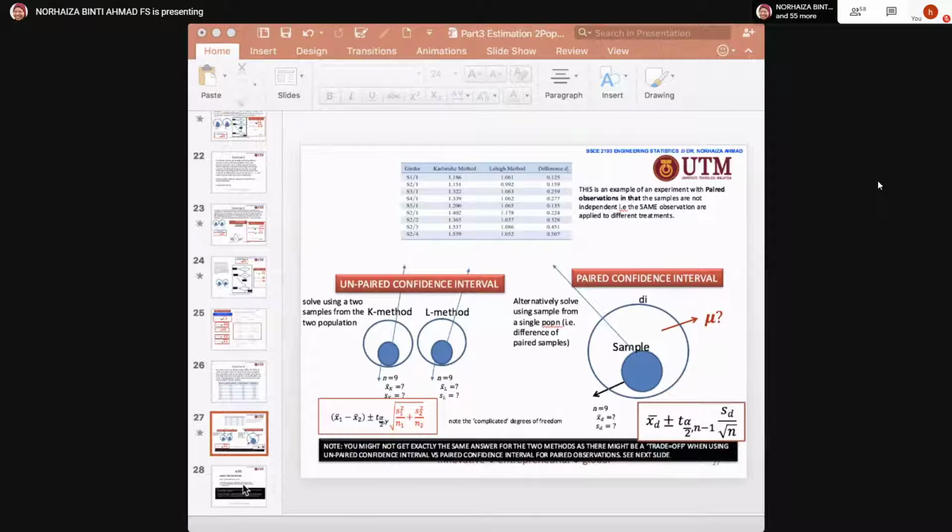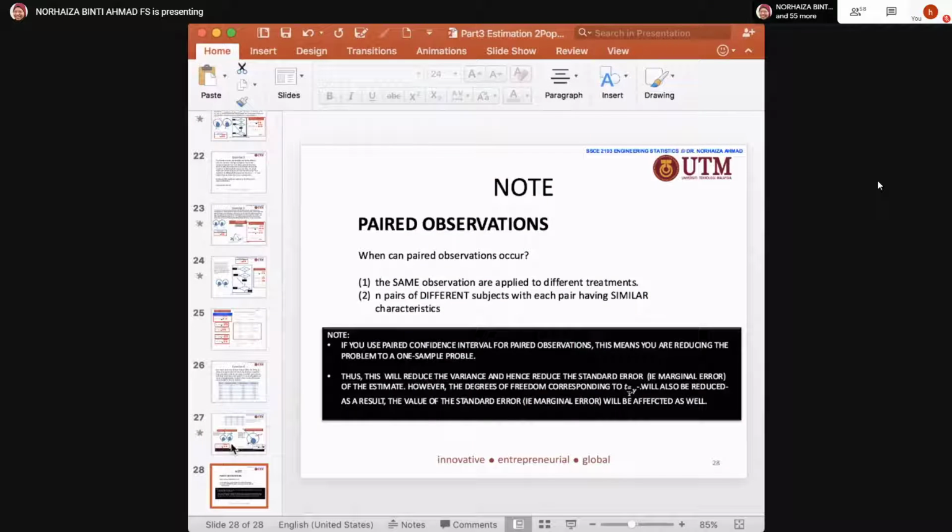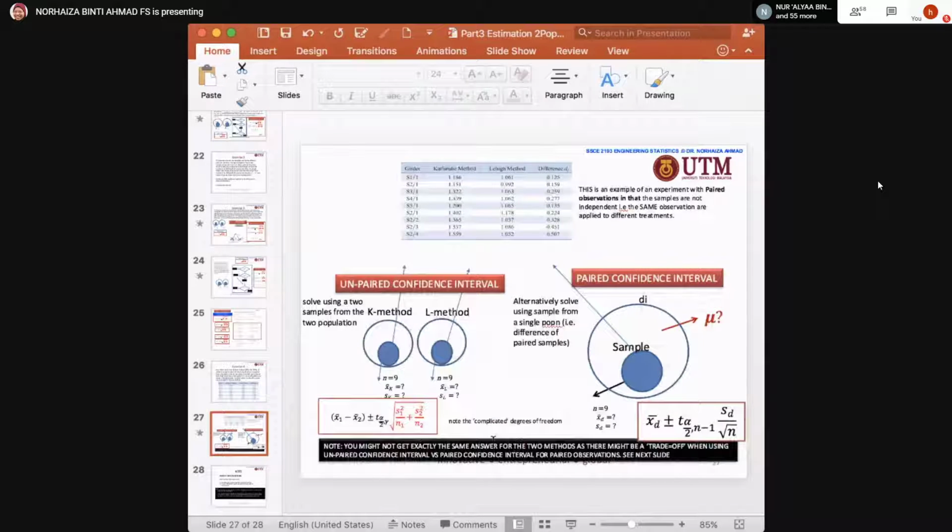Just to note that you might not get exactly the same answer. If you look here, x bar 1 minus x bar 2 might give the same answer, because the difference of this should be the same as the difference of that. But the margin of error uses a different value altogether, in particular the degrees of freedom.